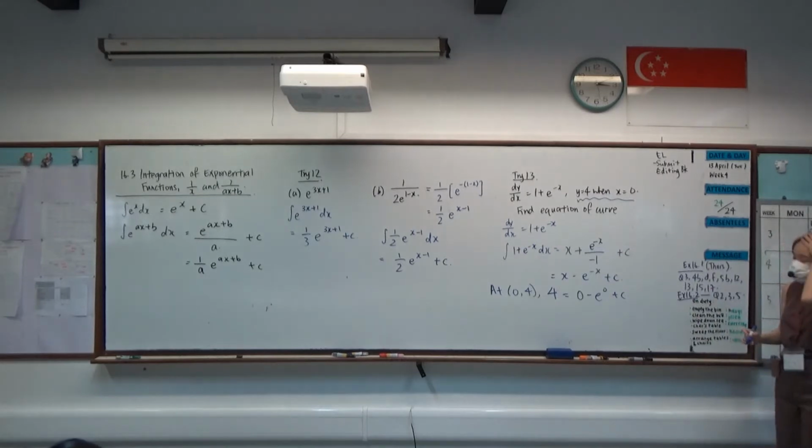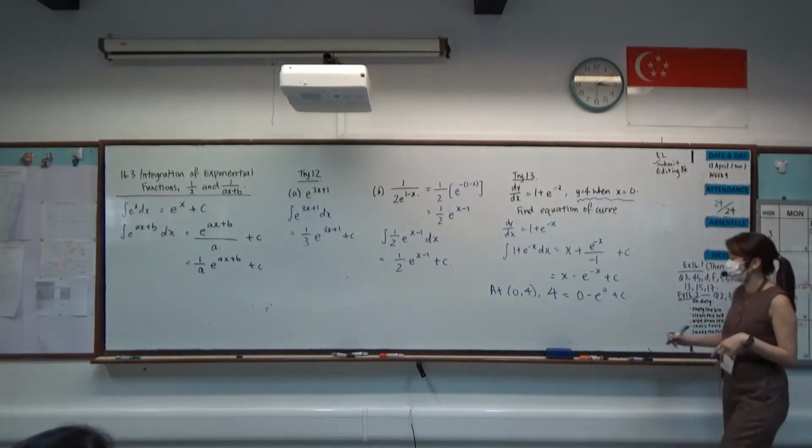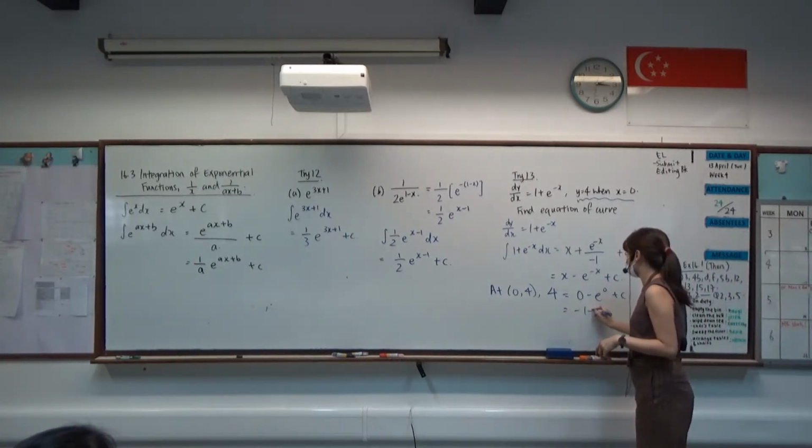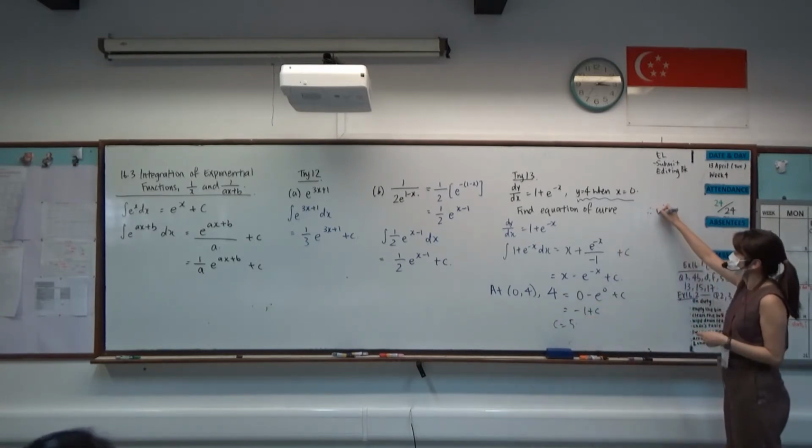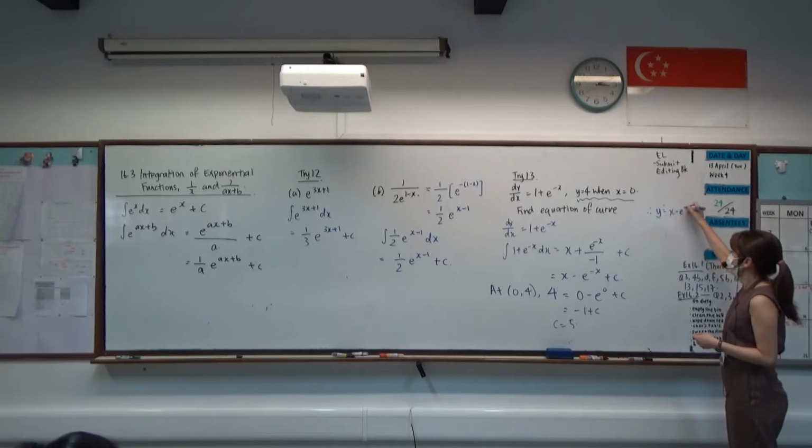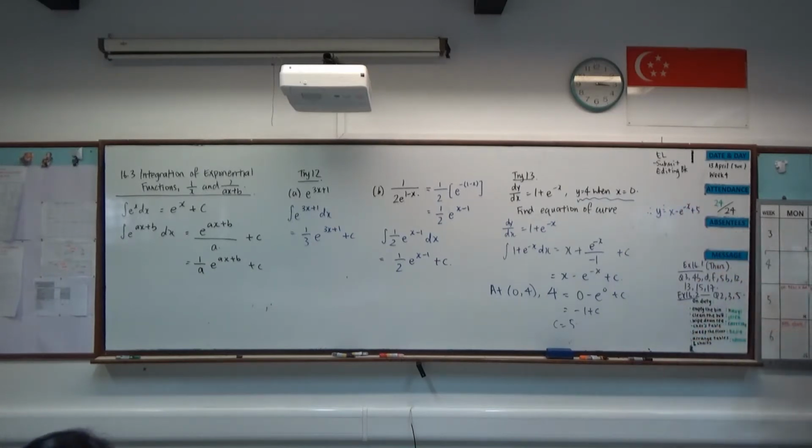Be very careful, e to the power of 0 is 1. Don't assume it to be 0. So c is equals to 5. Therefore, y is equals to x minus e to the power of negative x plus 5.